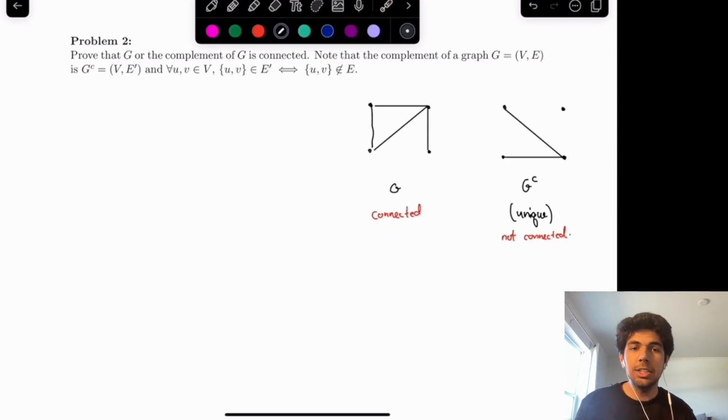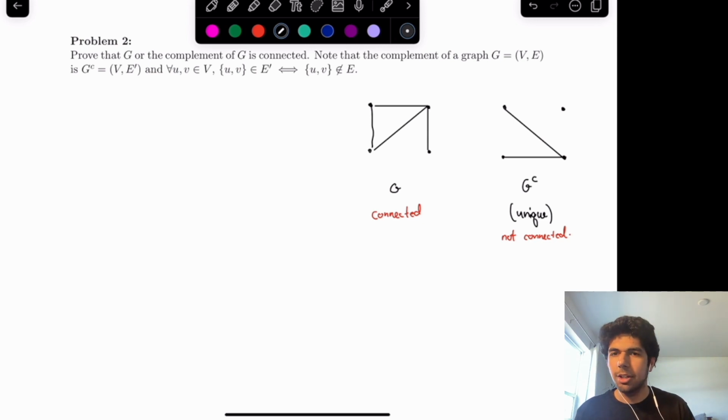Well, the first thing to note is that we're proving this for all graphs. Every single graph, either G or its complement, is connected. So when we think of for all, sometimes a natural thought is induction. However, I highly advise against going for induction immediately with graph problems.